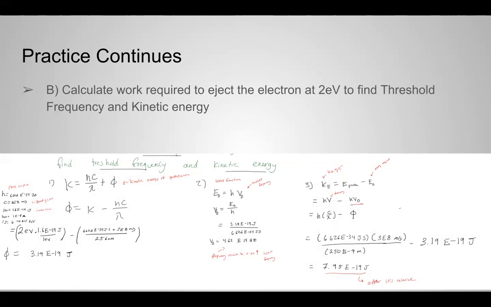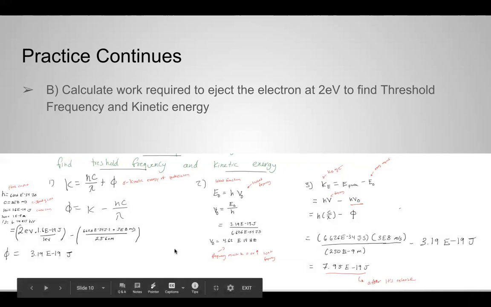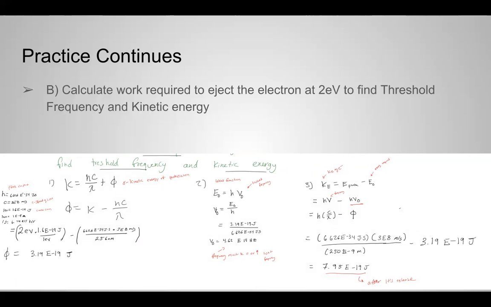So the work function is equal to h nu zero, and nu zero can be found as the work function over h. The work function is the 3.19 e to the negative 19 that we found from the last problem, over Planck's constant, and this would give us 4.62 e14 hertz, the frequency needed.